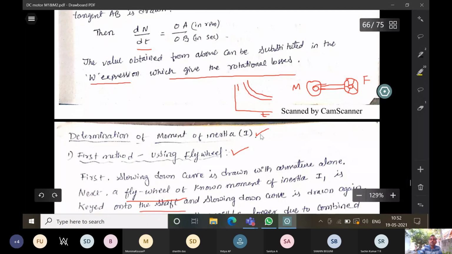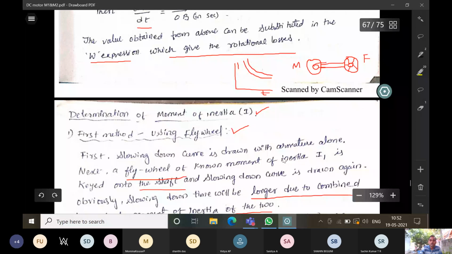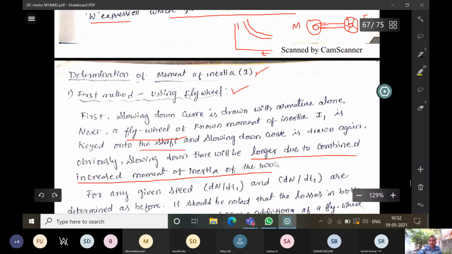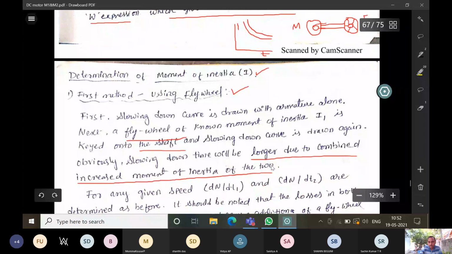So we compare these two, without flywheel and with flywheel, and note down the two readings. Without the flywheel the motor comes to rest immediately, with respect to time it will reach zero.